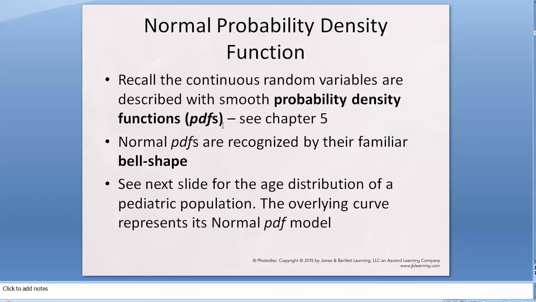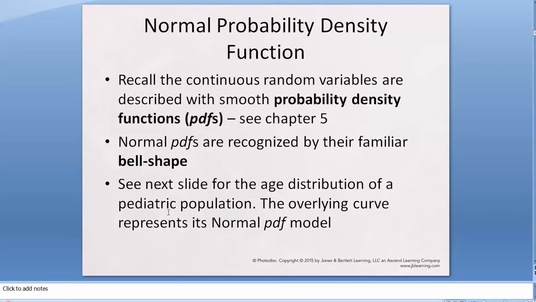Now, the probability density function, abbreviated as PDF, is like a very smooth curve, okay? And then we will use the area under the curve to calculate the probability that the random variable is in a specific range, okay? All right, so now again to mention here that the normal curve is in the form of a bell.